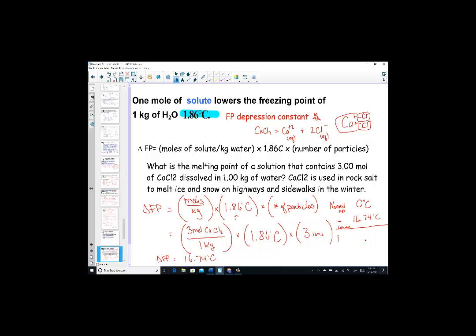The new freezing point is going to be equal to negative 16.74 degrees Celsius. That means it can get to negative 16.7 degrees outside and we'll still have liquid instead of solid on the roads. We're lowering the freezing point.